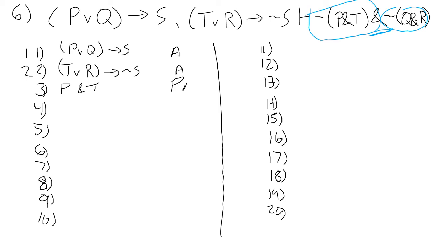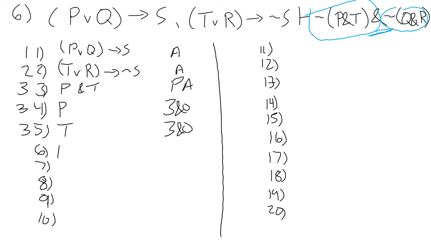So PA 3. Then we're going to separate these two out. 3 and out, 3 and out. Now we can wedge in the two disjuncts that we need to be able to get our two arrows out.